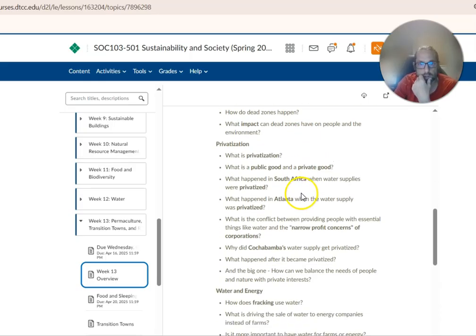And so then we looked at privatization in general, which is just when you convert a public good to a private good. Remember, a public good is something that's owned by a group of people, everything from a community park to a national park in the United States to international waters where nobody really owns them.